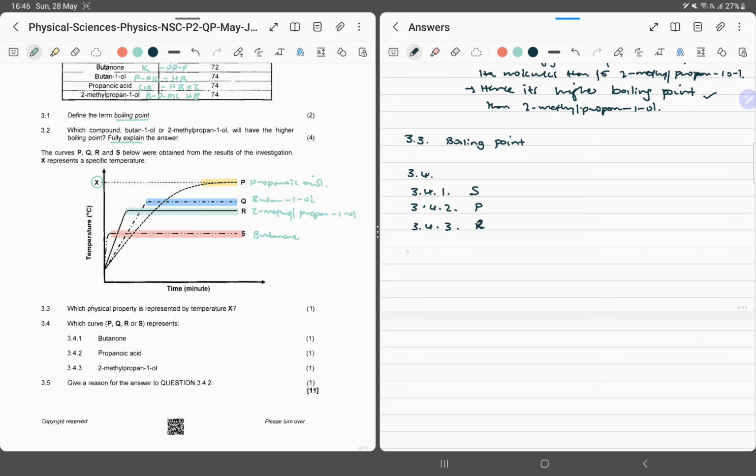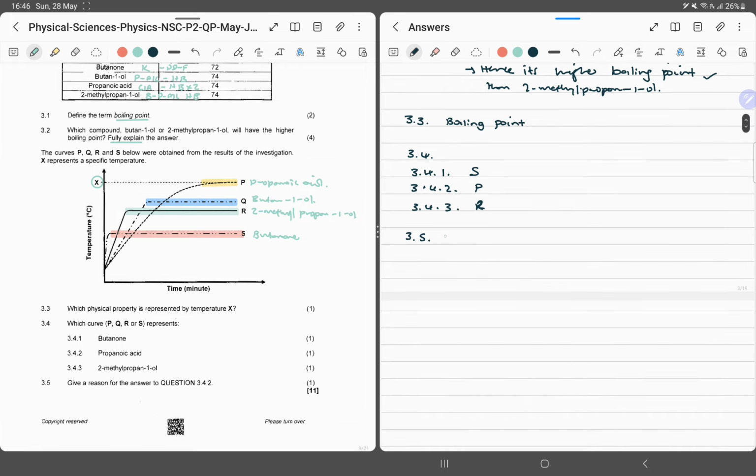And then now 3.5 says give a reason for the answer in question 3.4.2. What would be the reason there? Well, why does it have a higher boiling point?